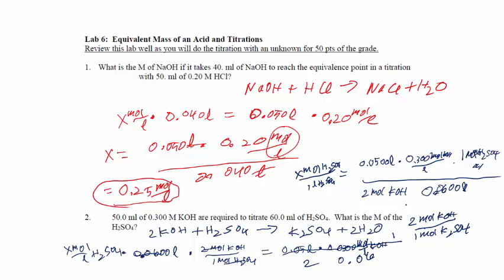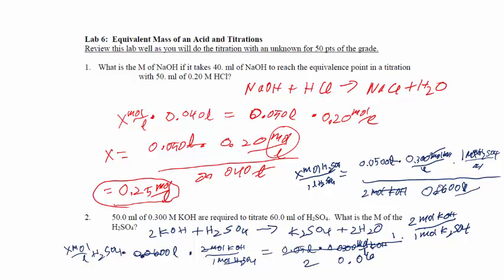So you have moles of KOH cancels with moles of KOH, liters cancels with liters, and now I have moles of H2SO4 per liter, which is the units that I want.